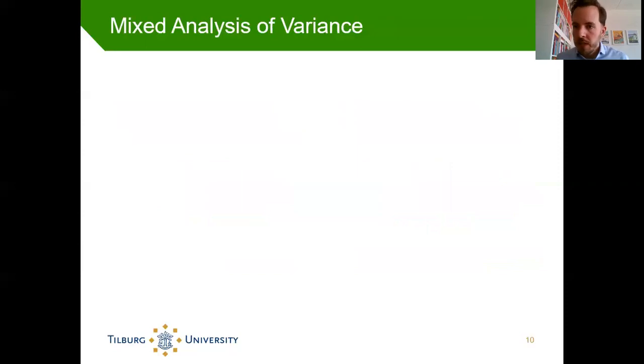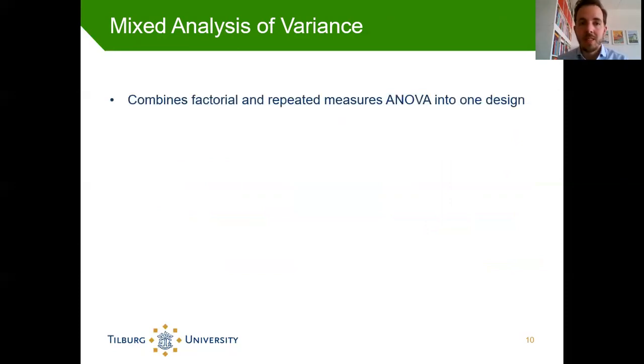So that was actually already partially the first topic, repeated measures analysis. Then also the other topic of this week is mixed analysis of variance. So you might already sort of start to feel what's coming now. So actually this mixed ANOVA combines elements of the factorial and the repeated measures ANOVA into one design.